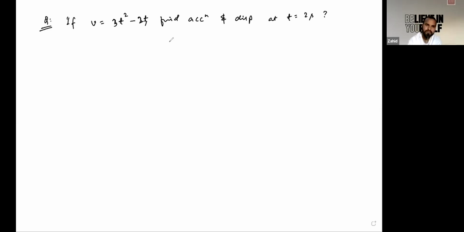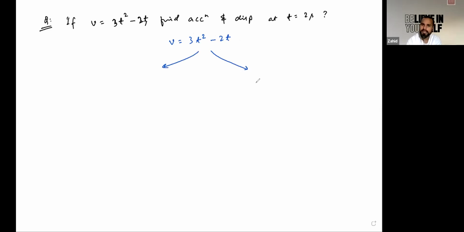We have velocity which is equal to 3t squared minus 2t. And we have to calculate acceleration and next displacement. So how do you proceed?